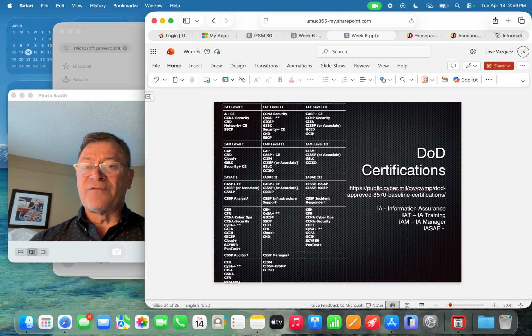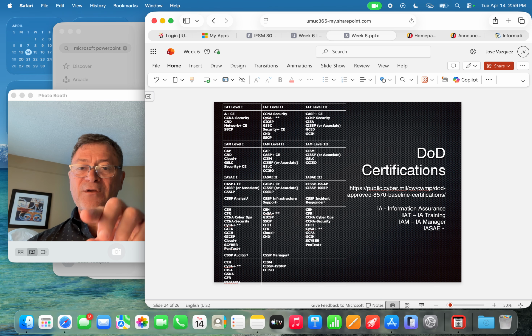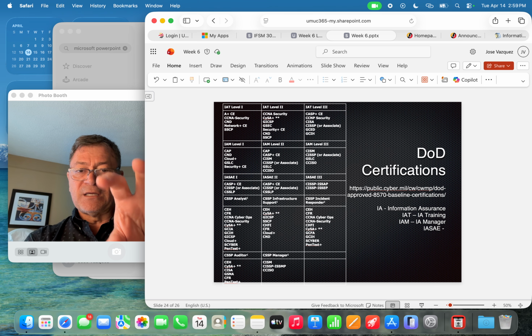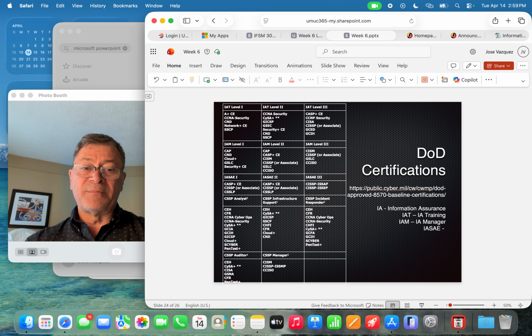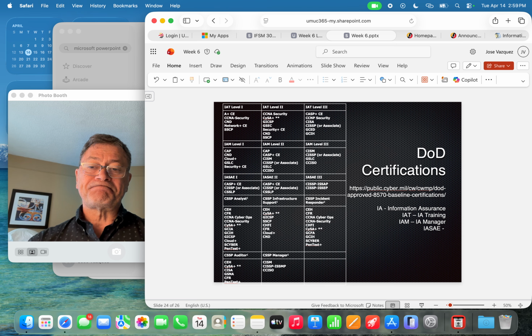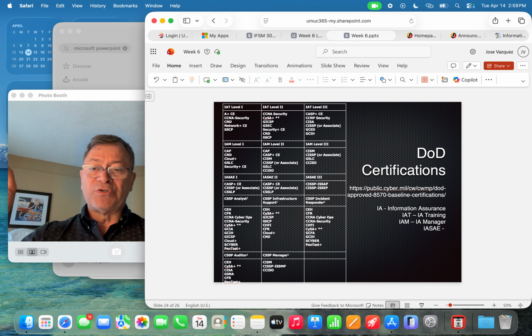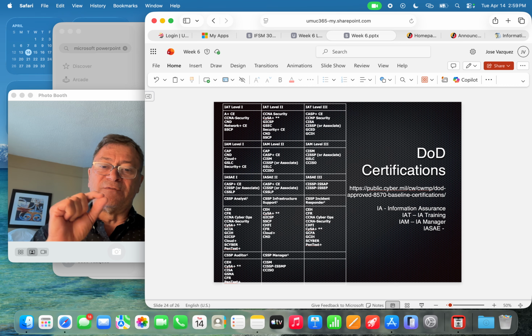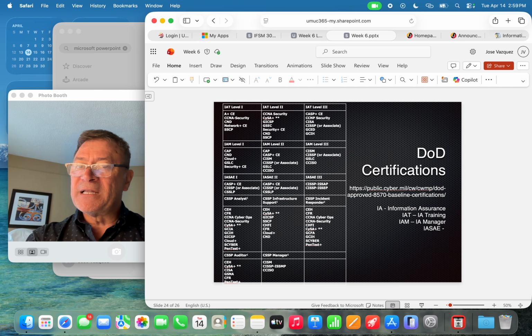Each level has a different requirement for certifications, but what you want to do is figure out what you are in this chart, what level of support you are. My recommendation is to search the internet for DoD 8570 certifications, then pick where your track record is, and get those certifications you need for the job. Don't worry about how many it is.